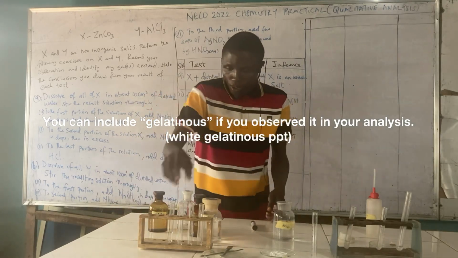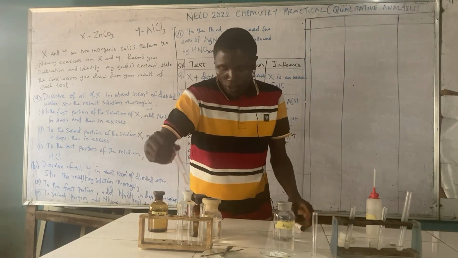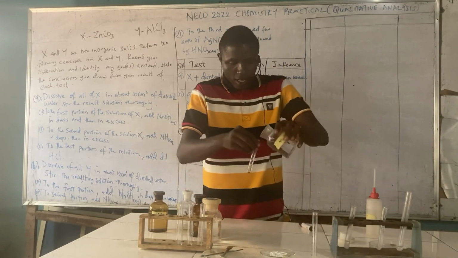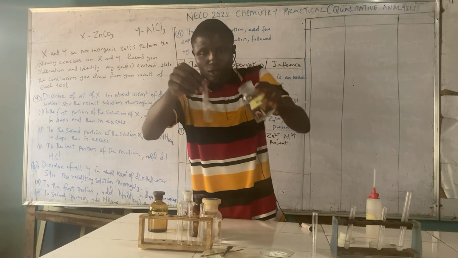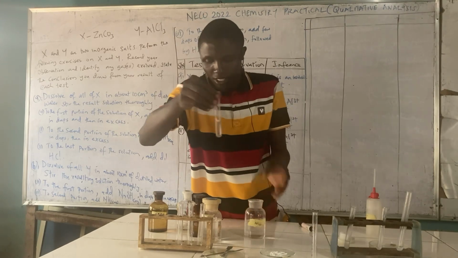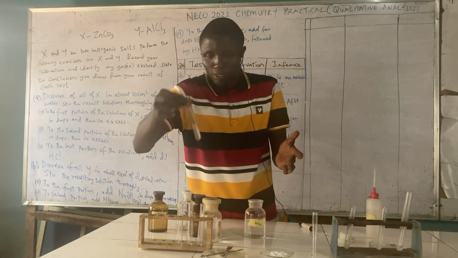Now when you add this in SS now, which is almost turning colorless, see, it has turned, the white precipitate has completely dissolved. I have not even seen any white precipitate again.